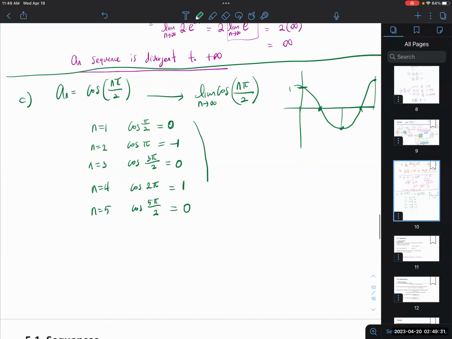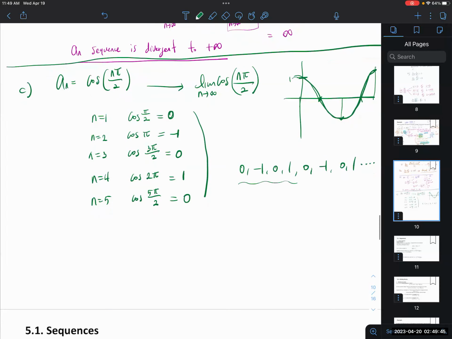Right? So what is it? This is the sequence 0, -1, 0, 1, 0, -1, 0, 1. They keep going the same thing. So what do you guys see? They have multiple different directions.